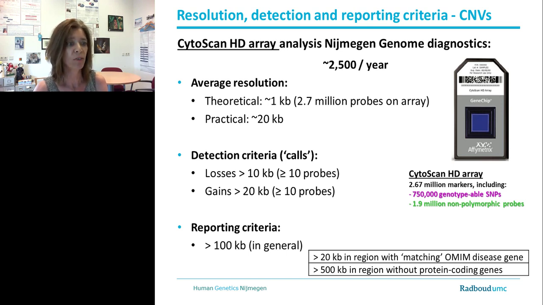For the reporting criteria, we only report those CNVs that we detect if they're larger than 1 kb, but if it's in a region with an OMIM disease gene which matches with the clinical features of our patient, then we also report smaller CNVs, so larger than 20 kb. On the other hand, if there's no protein coding gene in the CNV region, then we only report the CNV if it's larger than 500 kb.